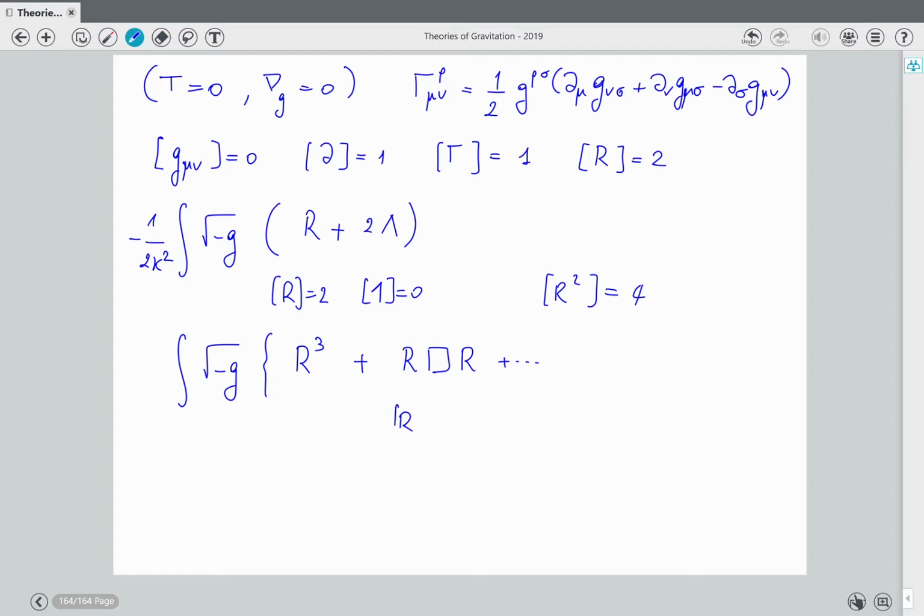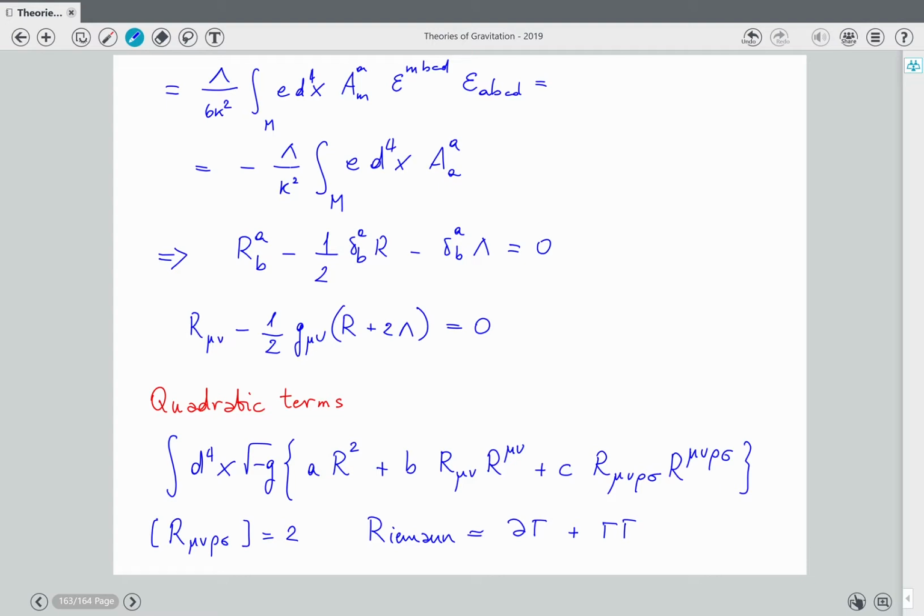So these are all objects that have energy dimension 6. So these belong to a further class. So we stick to the quadratic terms for the moment.